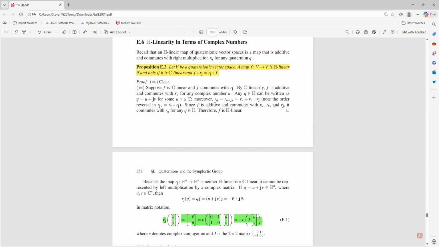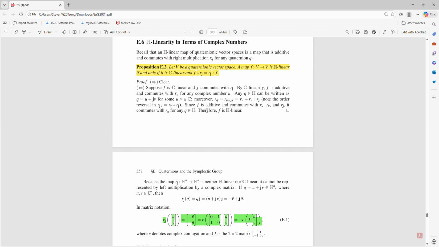And for any quaternion number, we can write it in complex number form, q equals mu plus jV. And we can split this multiplication R_q into two parts, R_mu plus R_V, and R_j.